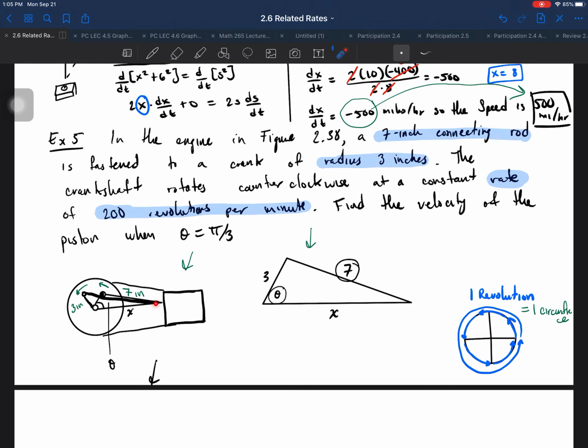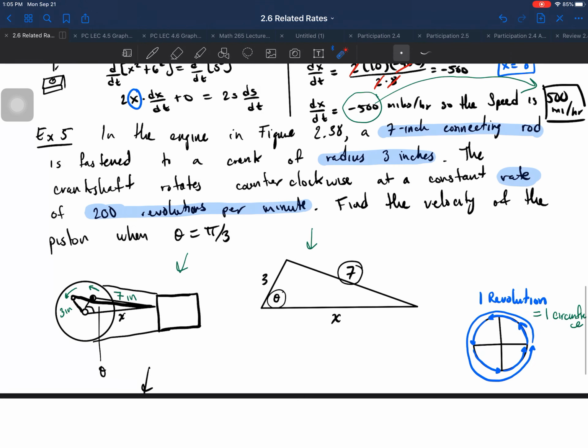As this gets closer, this distance gets shorter. As this gets further away, this distance gets greater. So this is actually moving, right? And they're asking us to find the velocity of this part right here, what they call the piston, right?